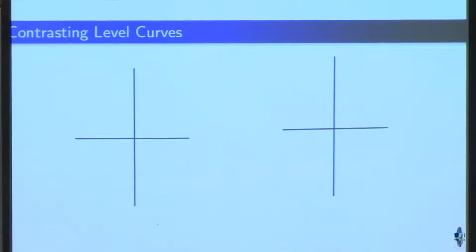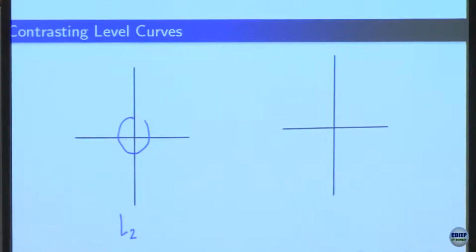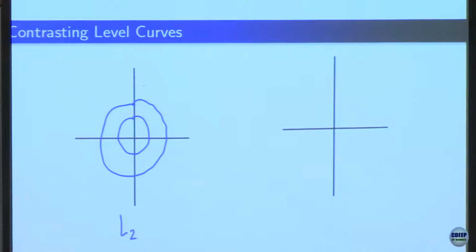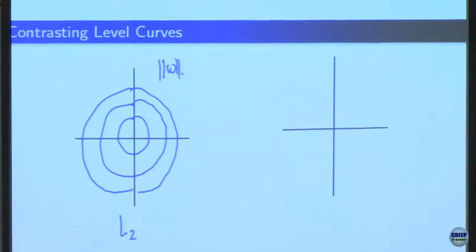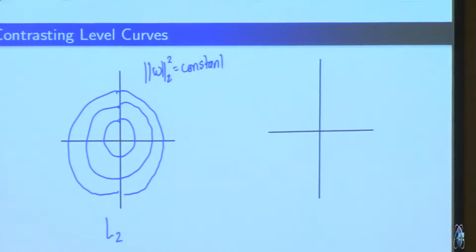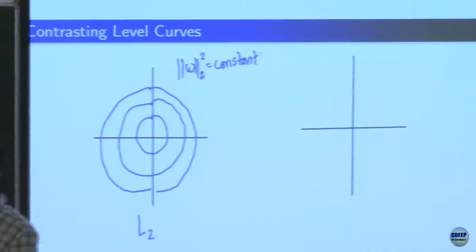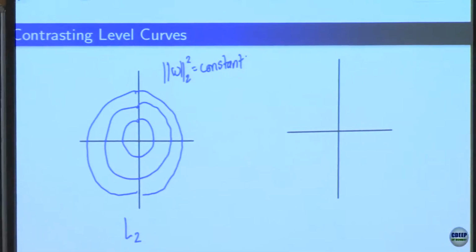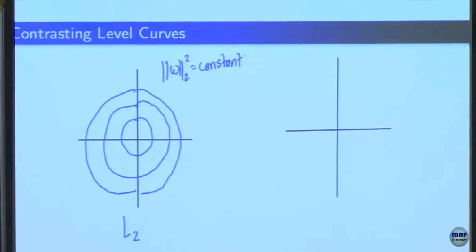On the left hand side is how the level curves of L2 look like. They are basically concentric circles. So almost every value is equally possible along the periphery of the circle.